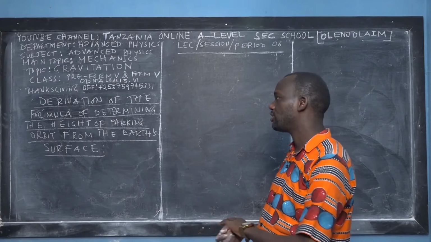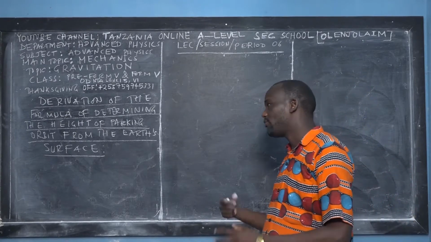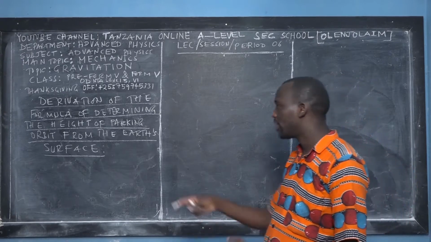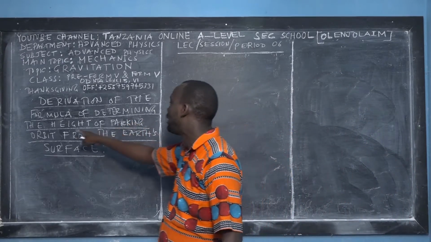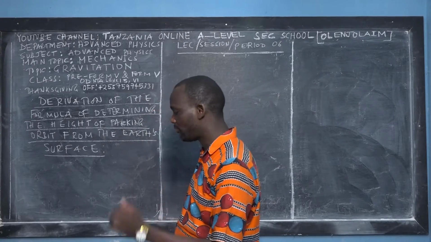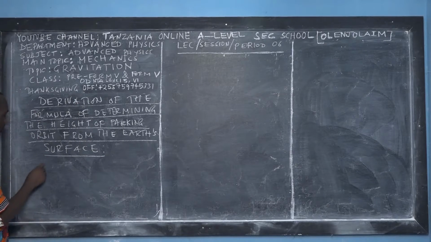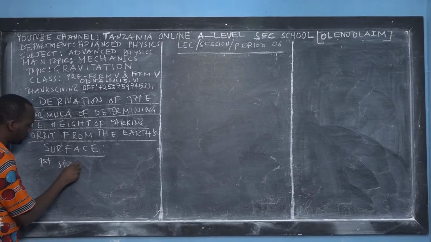So in order for us to solve some problems, we need a formula. So now I would like to take you into a very interesting derivation of the formula for determining the height of the parking orbit from the Earth's surface. I have been teaching you about the parking orbit, but let us speak now mathematically. We will be following some steps to achieve it.